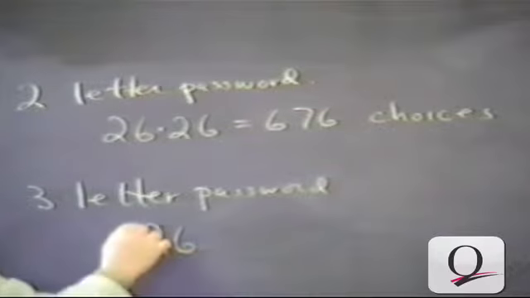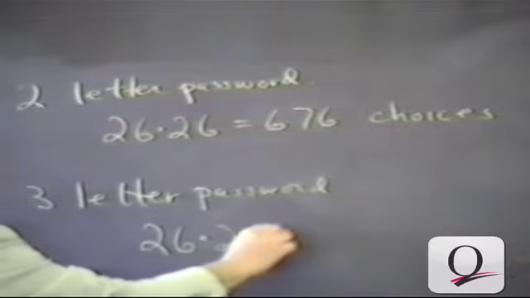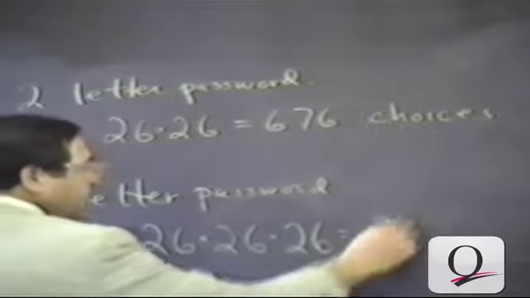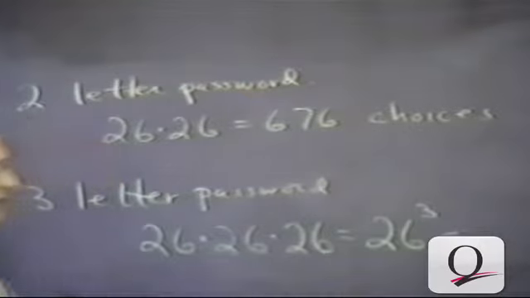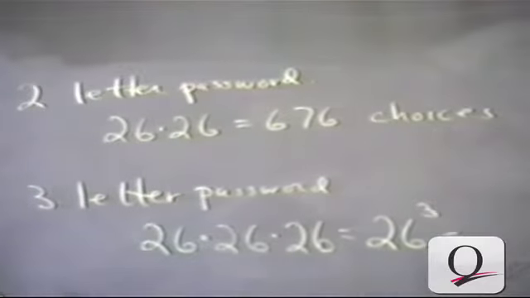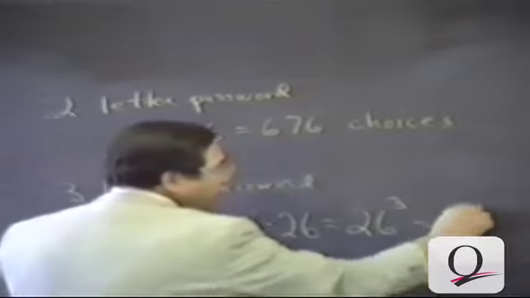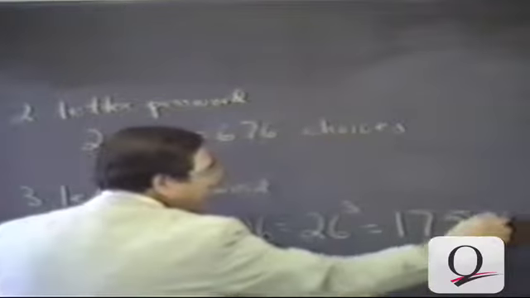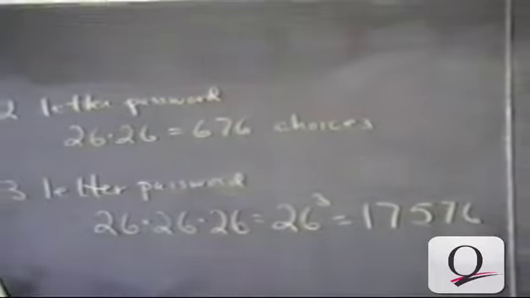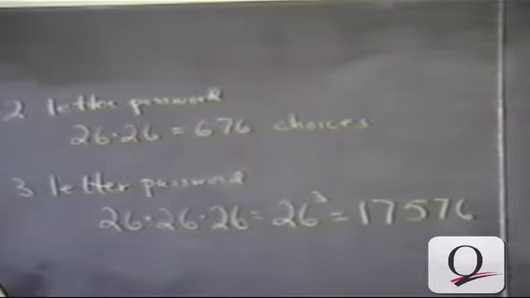So it would be 26 cubed, which turns out to be 17,576. This would not be enough, for example, for license plates in New York, because you have more than 17,000 cars. That's why a license plate has, let's say, 3 letters and 3 digits appended to it.